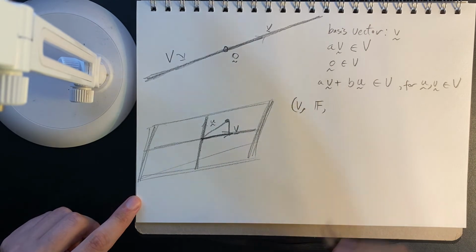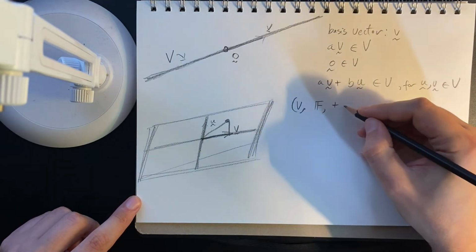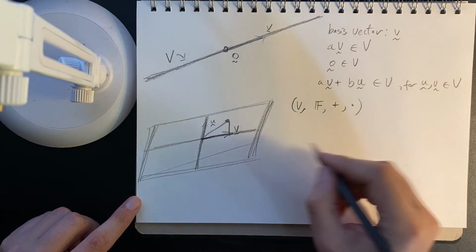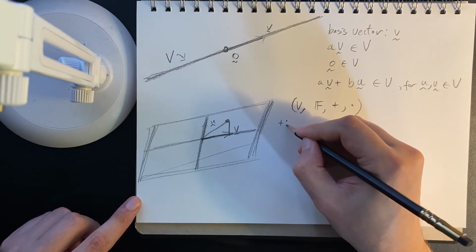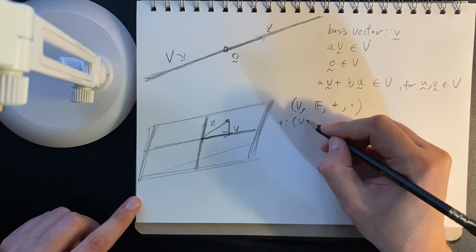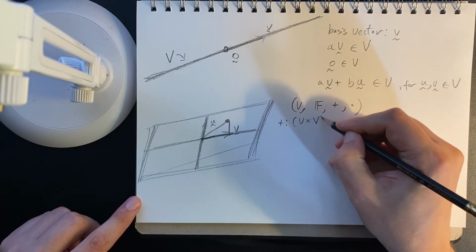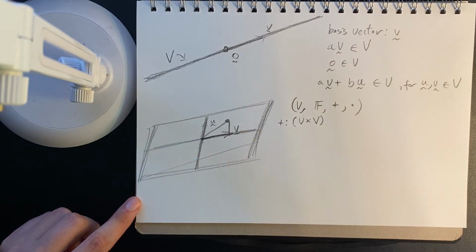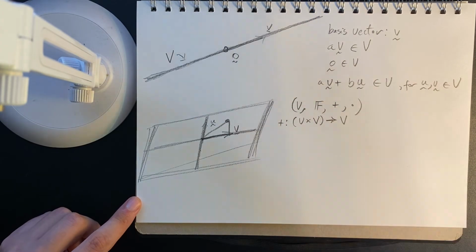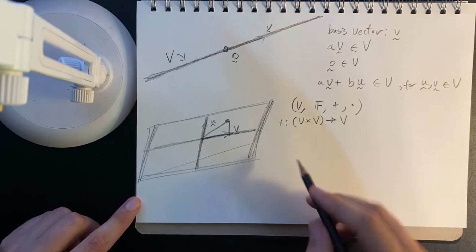And then we have two operations, summation and multiplication. The summation operates on elements of V, so we have the Cartesian product. It takes two vectors and stays within the vector space, the vector set.